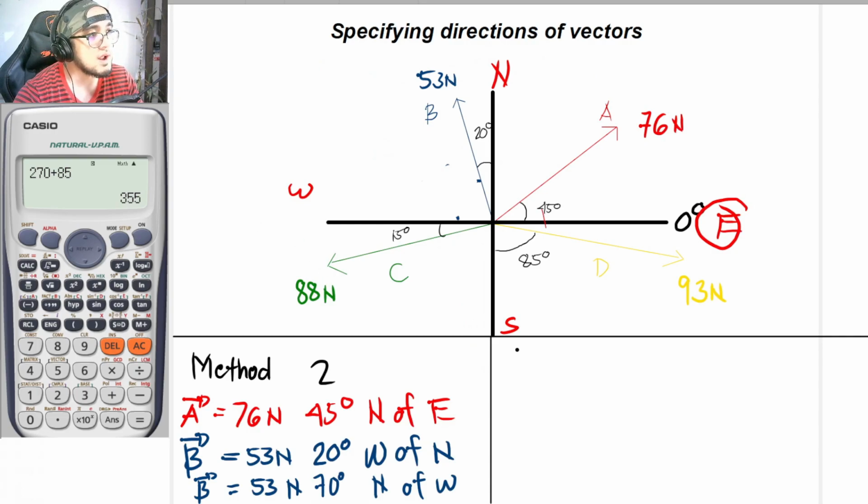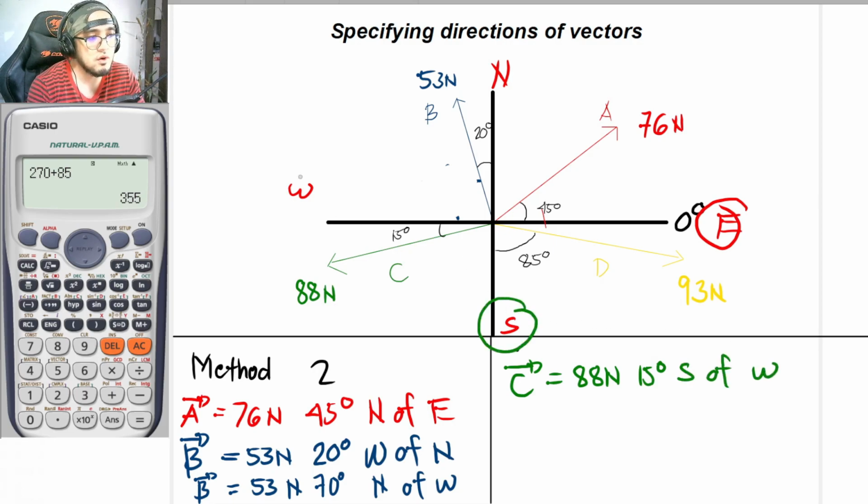And for our vector letter C, sorry. So vector letter C, this is now to be equal to, if I am to make use of this 15 degrees here, 88 newtons, 15 degrees south of west.